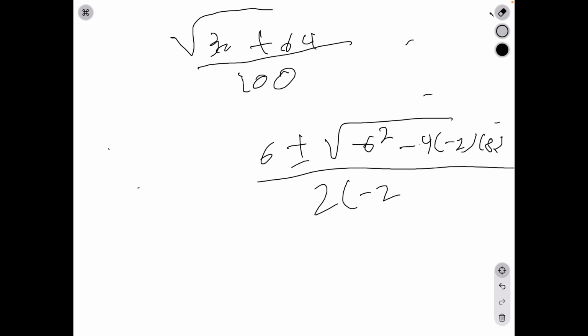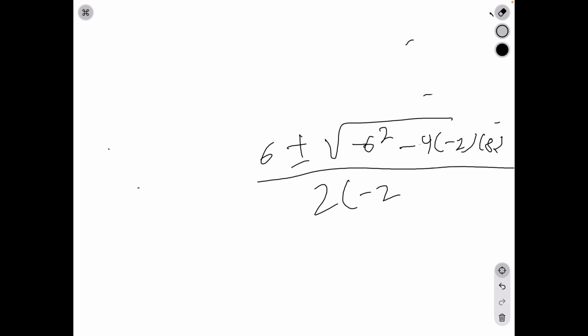So we all know the square root of 100 easily is 10.